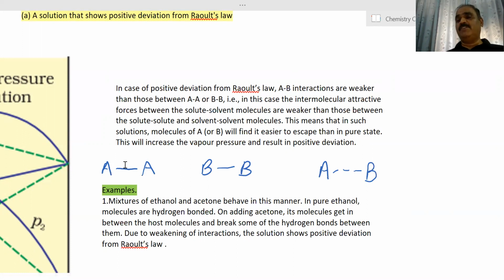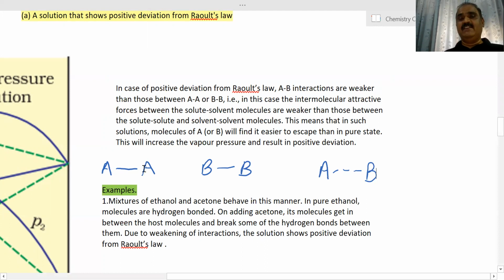Means the vapor pressure will be higher than the pressure given by Raoult's law. Why? Because when A was pure, interactions were strong, and you know, vapor pressure is inversely related to the strength of intermolecular forces. In lecture 4, you were explained this thing.